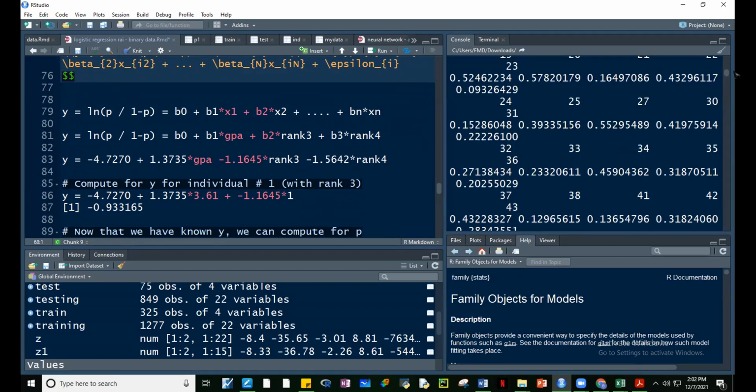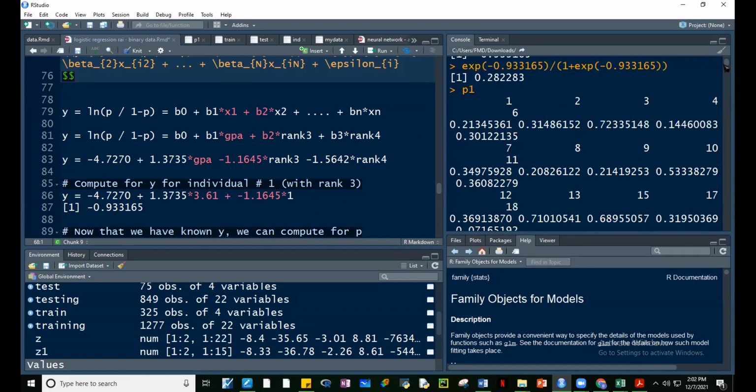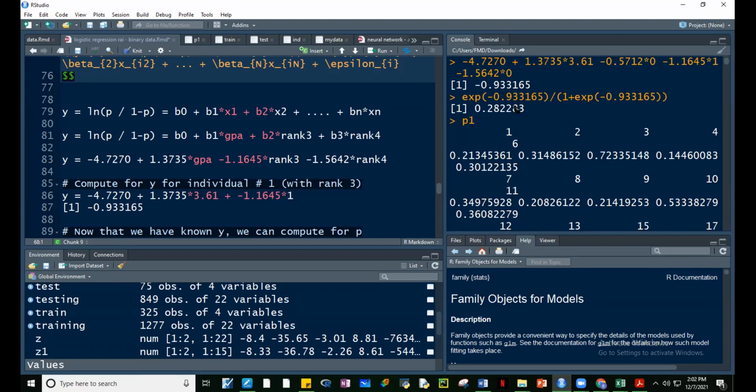Makuha naman namin yung value. Bakit ano? Why am I getting 0.2822? And here the probability is 0.2134. It should be close, no? Dapat kung may discrepancy lang, 5th or 6th na decimal place.